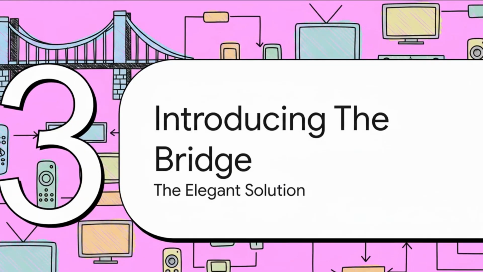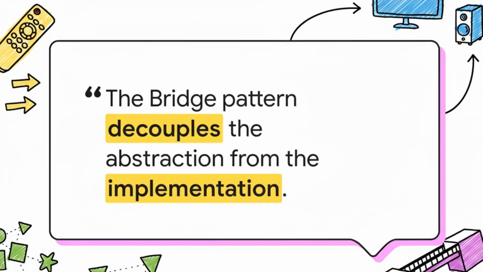So, how do we escape this maintenance nightmare? Well, this is exactly where the bridge pattern walks in. It's the elegant solution to these very specific problems. We're back to this core idea, decoupling.